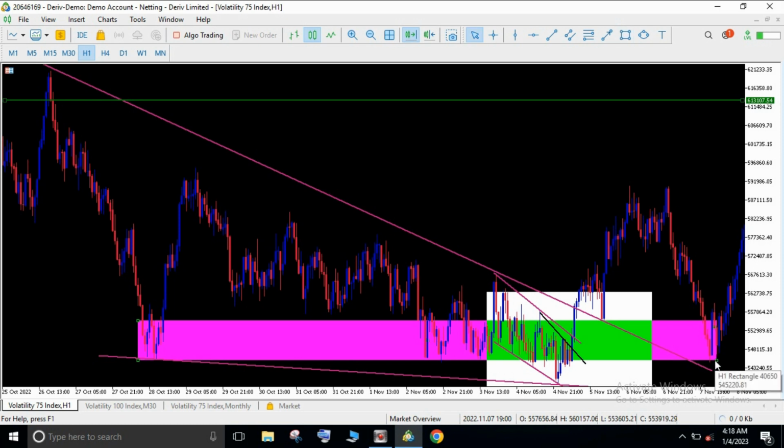After highlighting that, we wait for the market to come and tap into our interesting zone or our sniper zone. H1 last selling candle if we are looking to buy, H1 last buying candle if we are looking to sell. As our setup showed us, we are looking for buys, so we have to look for the sniper entry.